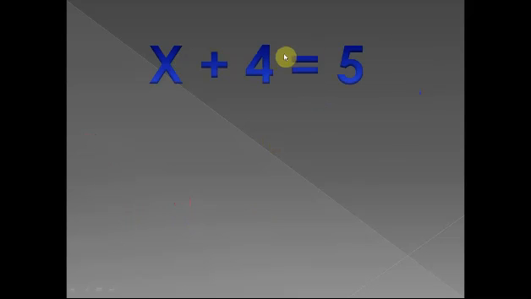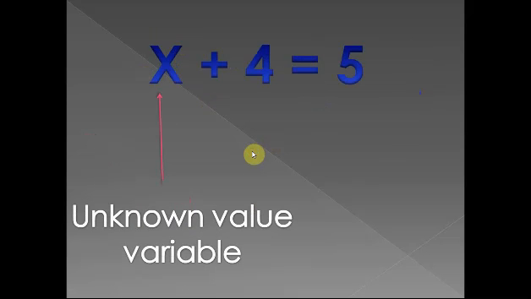If we got an equation like this one, there is an unknown value, and the key strategy to solve this equation is to rearrange the equation to have the unknown value by itself. So I have x by itself on one side and all the known numbers on the other side.